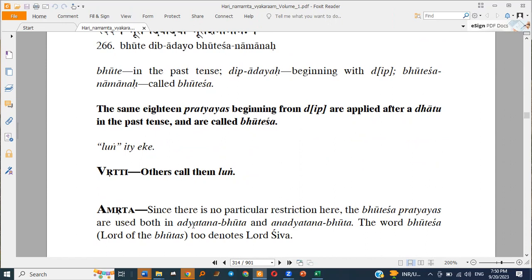That's also a past. Or it could be I had my breakfast few days ago, not of the same day. So this can be used for either. It is called Bhutesha, and the pratyas for Bhutesha are the same as the Bhuteshwara pratyas. Of course, after declension, the forms would be different, but the pratyas are the same.